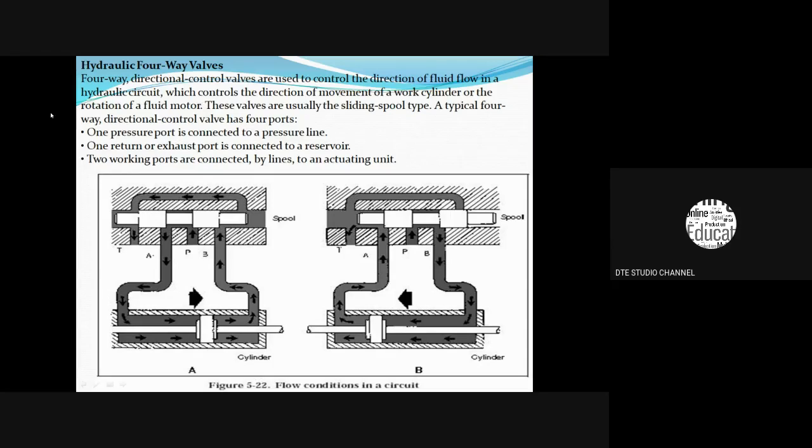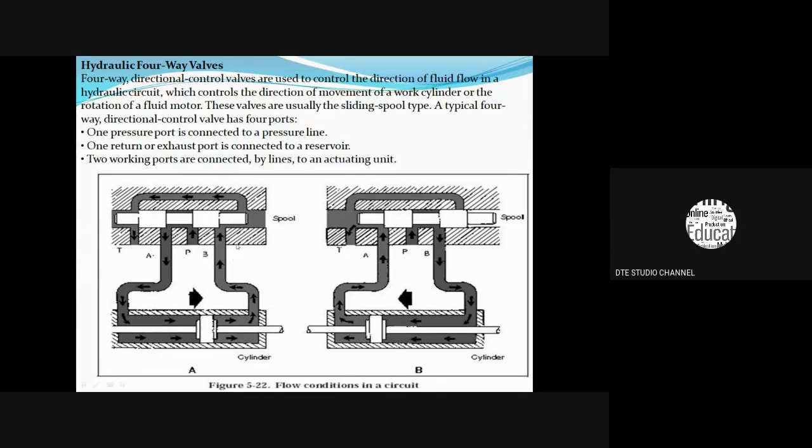A typical 4-way DC valve has 4 ports: one pressure port, abbreviated as P; one return or exhaust port, abbreviated as T; and 2 working ports, abbreviated as A and B, where A and B are connected to the 2 ends of the actuator.